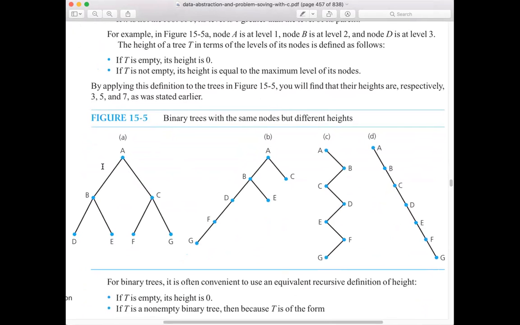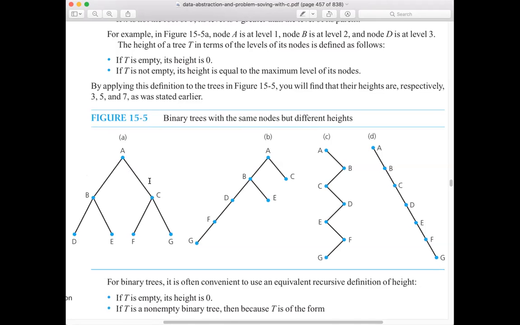Okay, in picture A, how many nodes are there on the longest path from a leaf to the root? 3. 3, right? In fact, pretty much every path from a leaf to the root has 3 nodes on it.